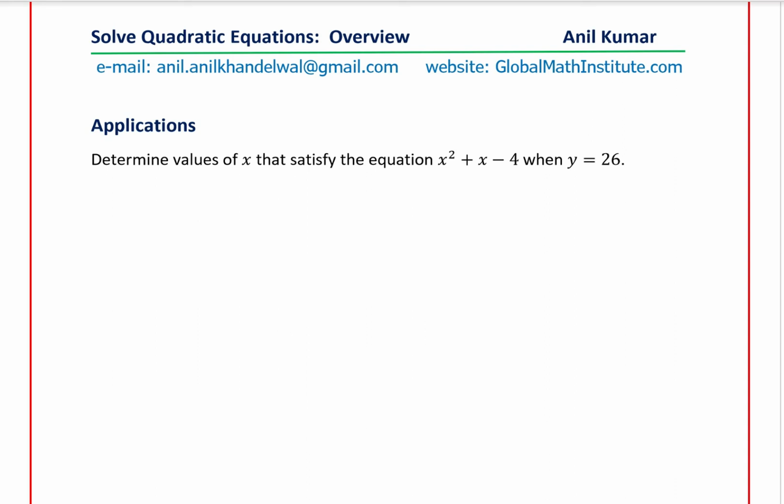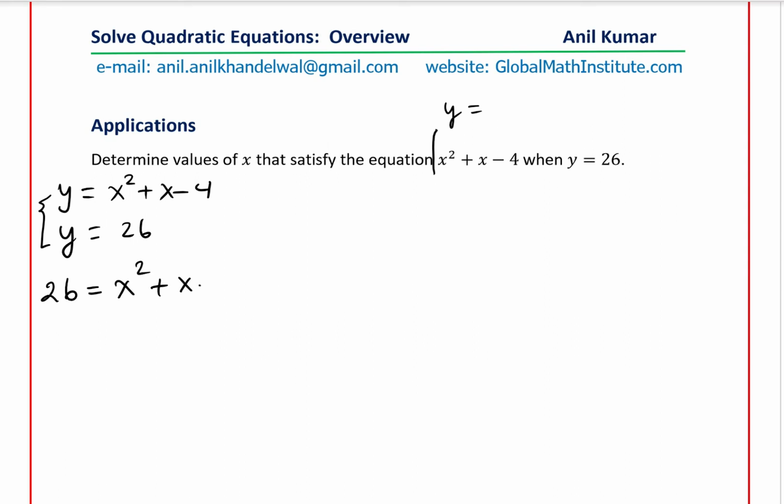Let me rewrite the two equations as y equals x squared plus x minus 4 and y equals 26. Is that okay? Now these are the two equations given to us. We want their solution. That means both y values should be the same. So we could rewrite this as 26 equals x squared plus x minus 4.